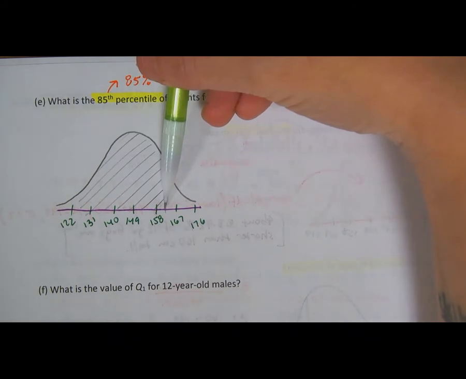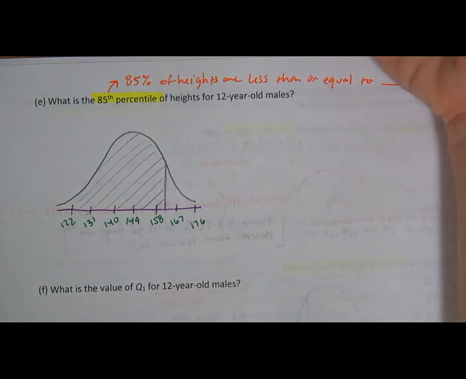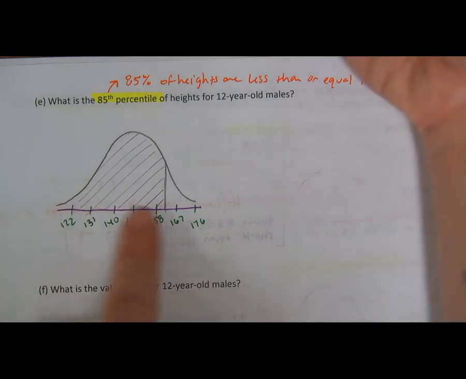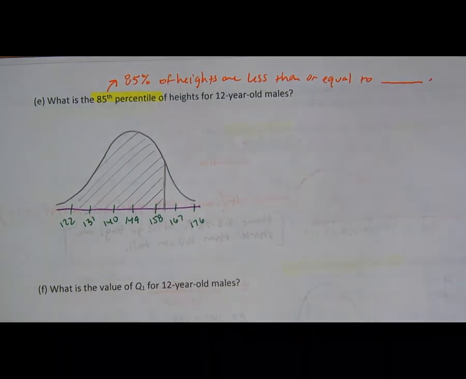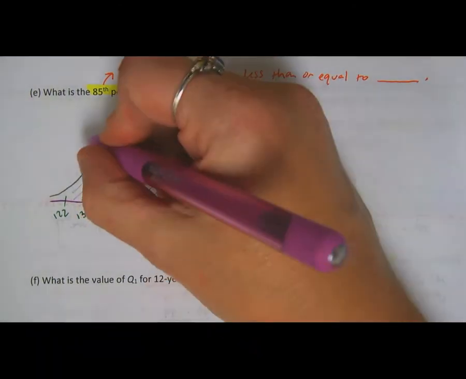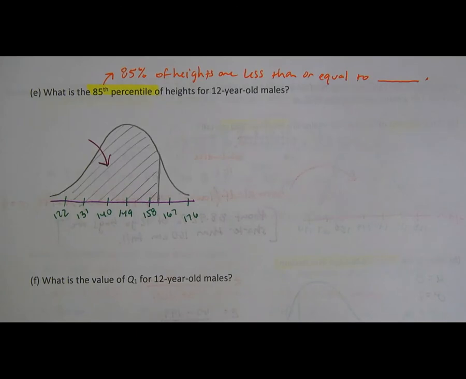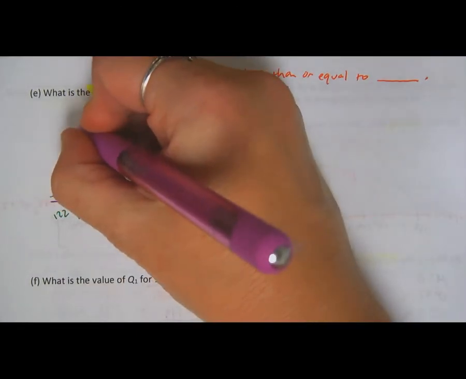I honestly use the empirical rule, but I don't really have time right now to show you that. It doesn't matter if you end up drawing it in the wrong spot anyway. Okay? But I knew that 85% is a lot, so I'm somewhere over here. I just need to know where. What it did tell me is that this less than area, the area to the left, is 85%.